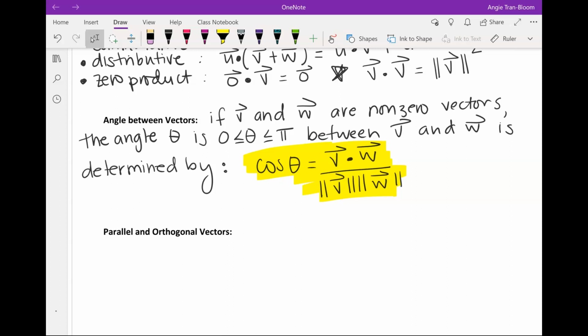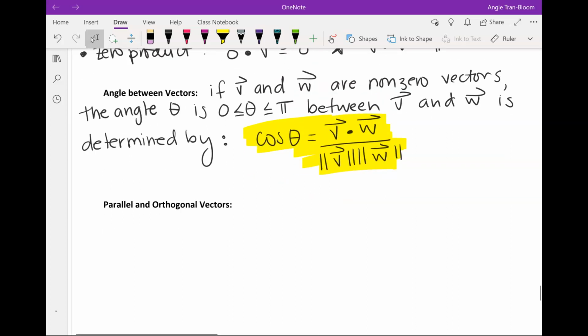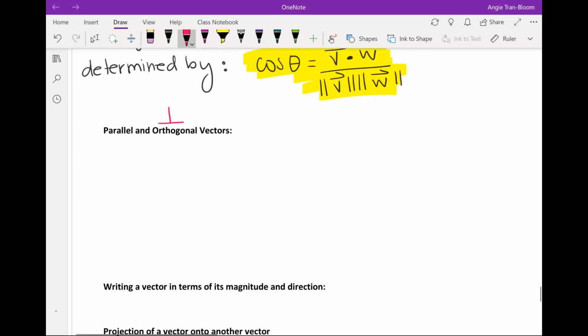Parallel and orthogonal vectors. If you have two vectors that are parallel, what do you think orthogonal is going to be then? Perpendicular. You're right. Fancy word for perpendicular. These are the characteristics of those, so we can find them. Bullet number 1.